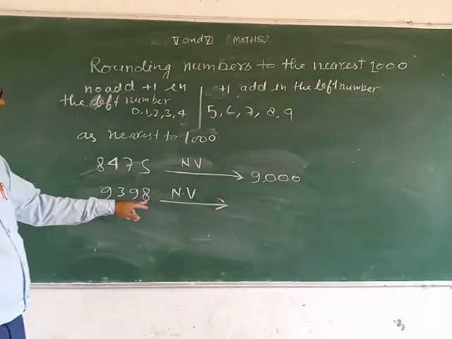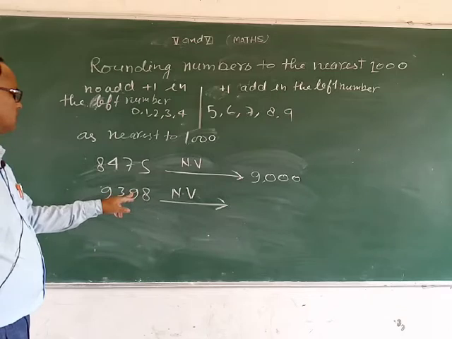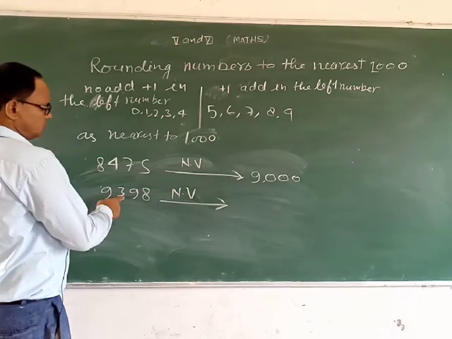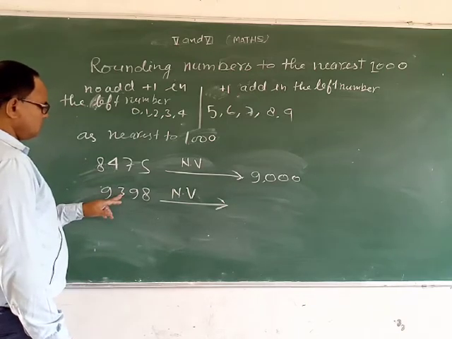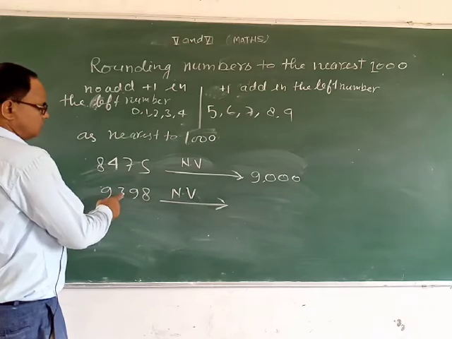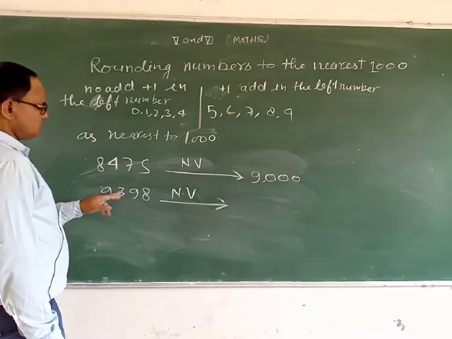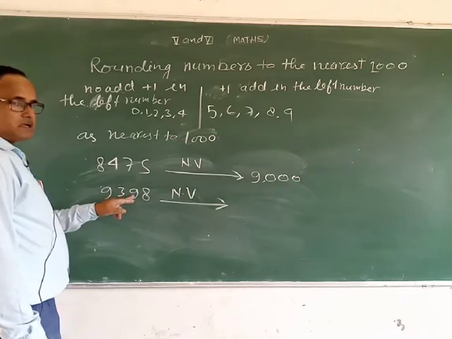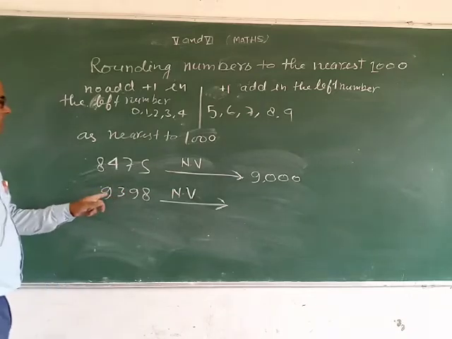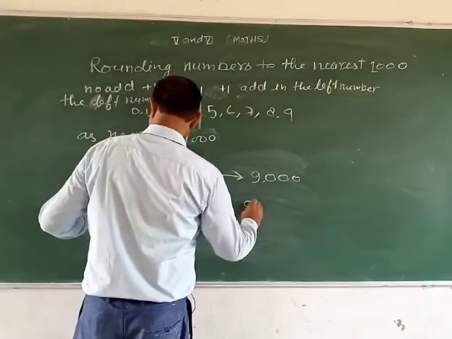Here 8 terminate, give 1, 10, and its terminate here, it gives 1 to 4, but 4 terminate here. 3 plus 1 is 4. 9 terminate, it gives 4, but 4 is less than 5, then not add in 9. Not add plus 1 in 9. Then we write here 9.